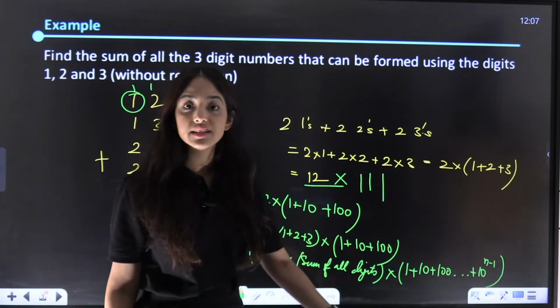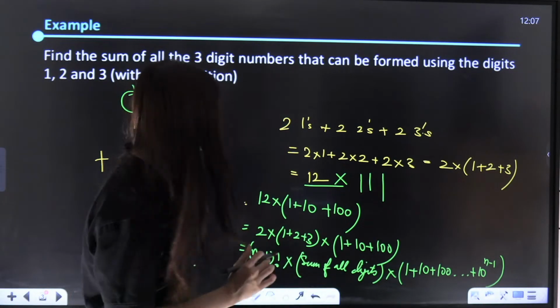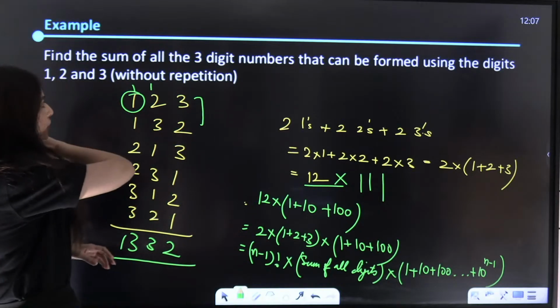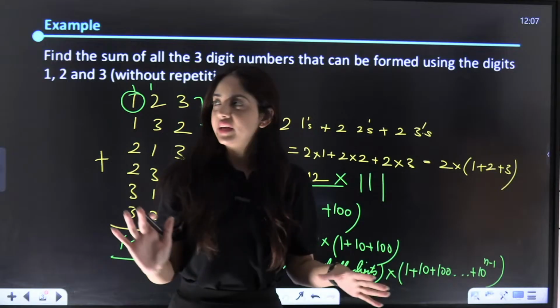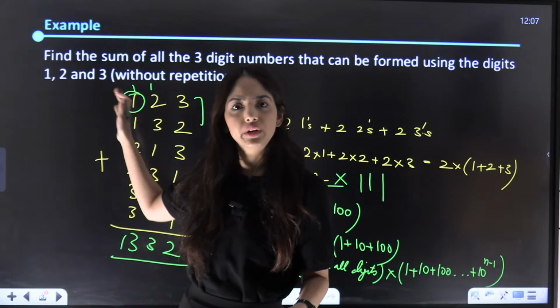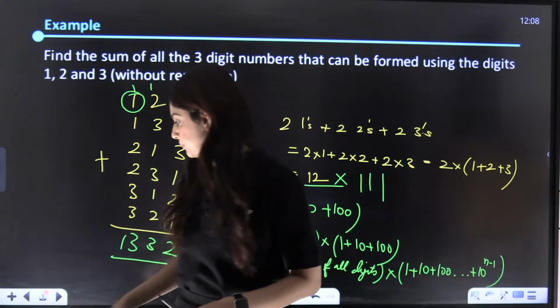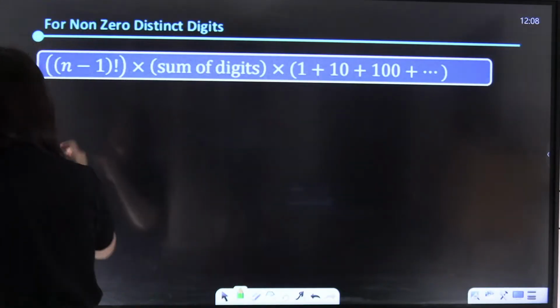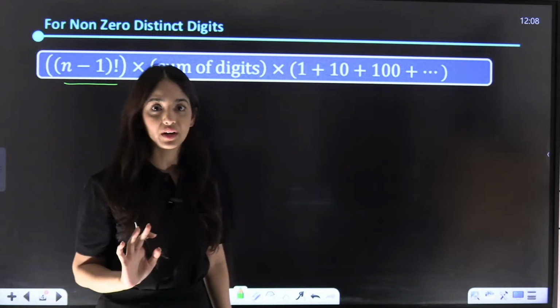And this is the formula that we get. So if it is a straightforward question where we have all distinct digits, right, and we can form n factorial numbers here, then we will just calculate this way. N minus 1 factorial, because for each digit we have n minus 1 factorial options.